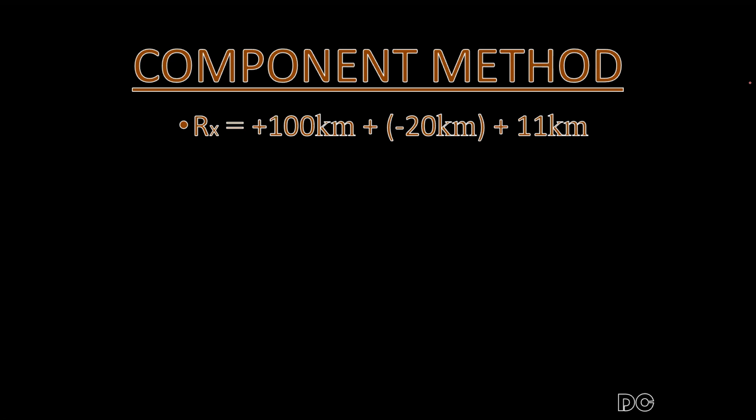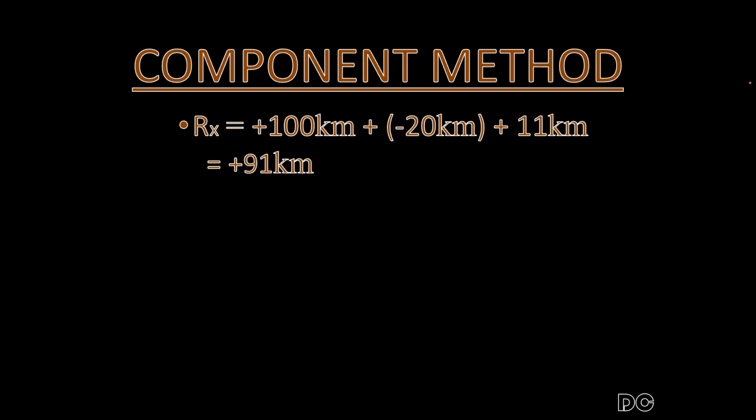For vector B, we have negative 20. And for vector C, we have positive 11. If we add these three x components, it is equal to 91 kilometers, and that is the r sub x, or the x component of our resultant.